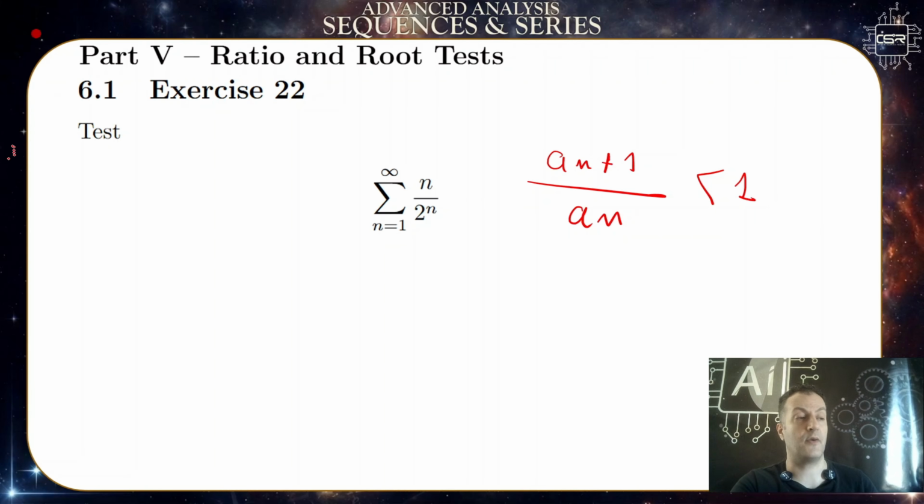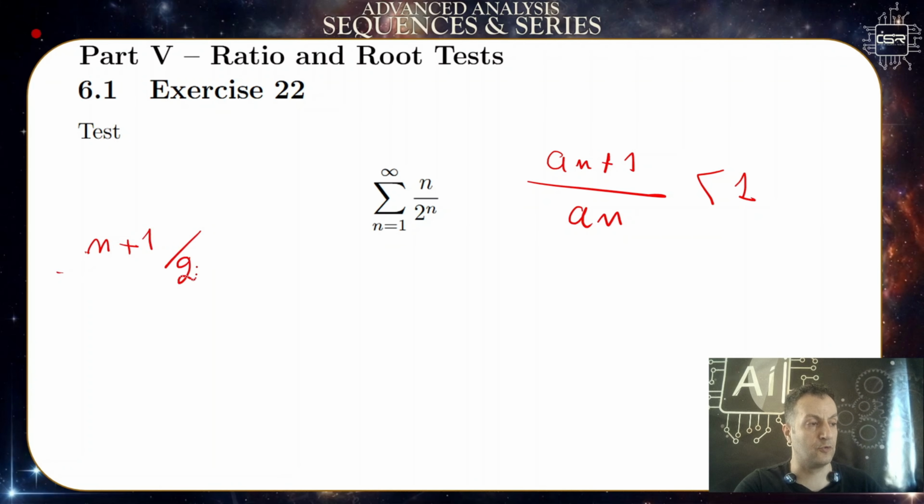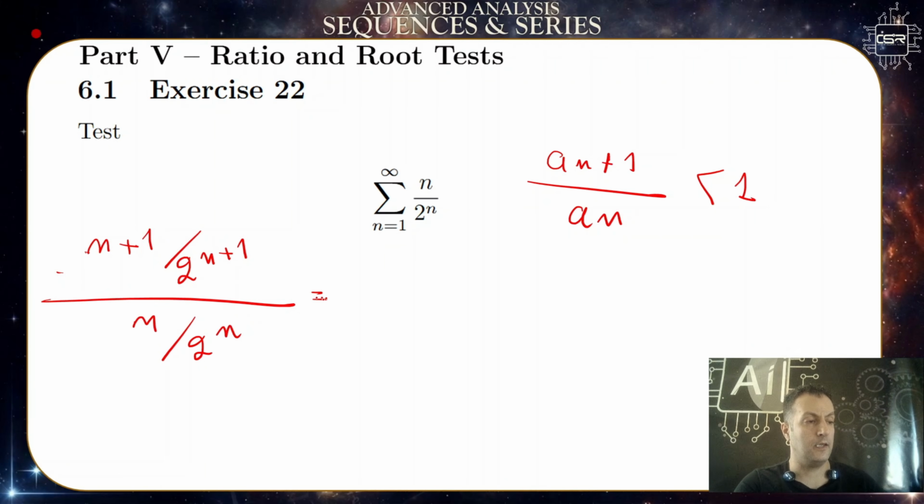So a_(n+1) divided by a_n is given by, you simply replace n by n plus 1. So it is (n plus 1) over 2 to the power of n plus 1, divided by n over 2 to the power of n. This is (n plus 1) over 2 to the power of n plus 1, which by the way can be written as 2 to the power of n multiplied by 2.